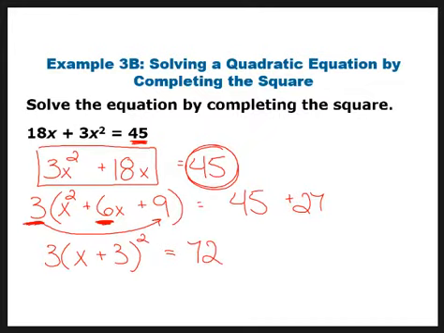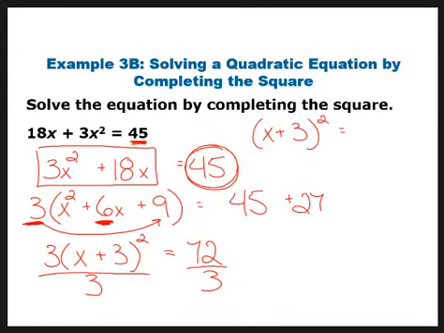Okay, now I'm essentially at the same point I was before, but before I square root, I need to divide by 3. Alright, I'm going to rewrite up here. I have x plus 3 squared is going to equal 72 divided by 3, which is 24.